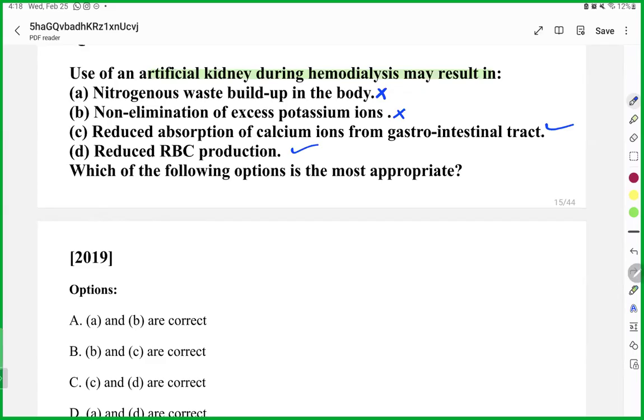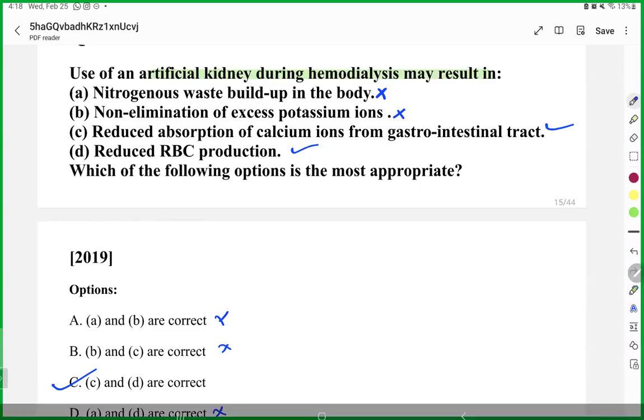But the kidney has the JG complex that produces erythropoietin for RBC formation, so RBC formation will reduce; D is definitely there. So you can remove these two, and nitrogenous waste build up in the body does not make sense, because the ultimate purpose is to remove nitrogenous waste, so A is wrong. By the elimination method you can solve it. Kidney also helps to absorb calcium from the GIT, and that cannot be managed by the artificial kidney.